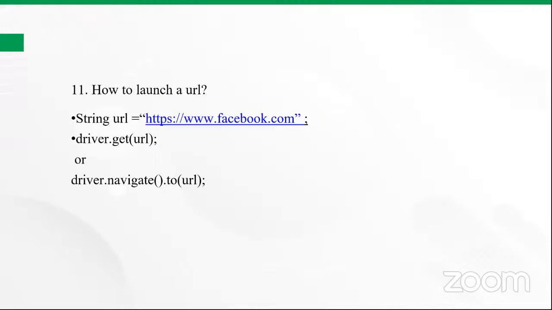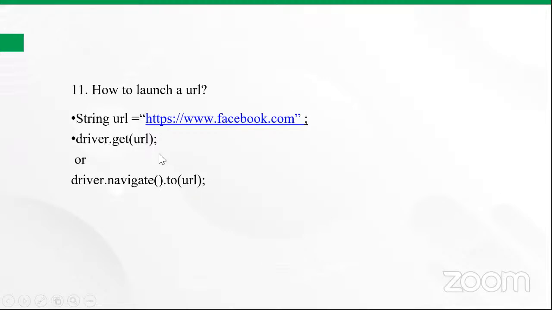Or you can assign the URL to a variable like I have done here, string URL is equal to, and you give that variable as the argument. So driver.get will take the URL as the argument.